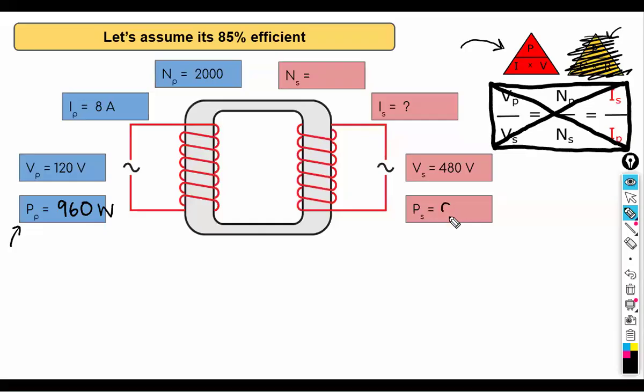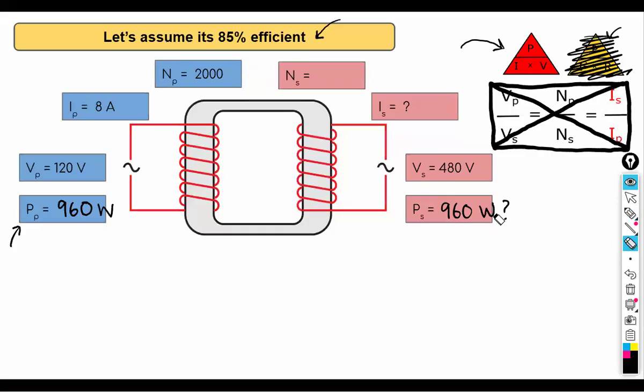Now, tell me something. Is the power on the secondary side also 960 by default? The answer has to be no, because it's not 100% efficient. Only in a 100% efficient transformer is the power the same on both sides, okay?